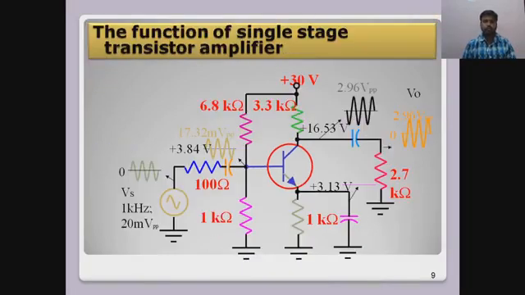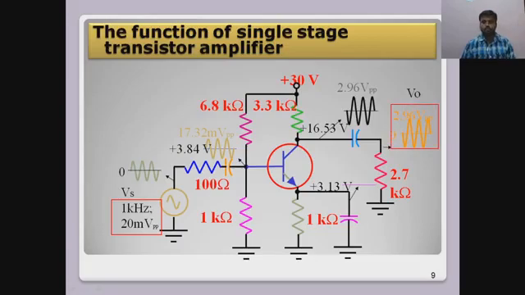And now, if you see the same single stage transistor amplifier with different voltage levels, if I apply an input of 1 kilohertz with 20 millivolts peak to peak, I am getting 2.96 volts as output.